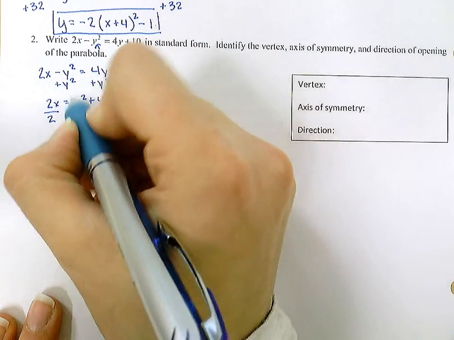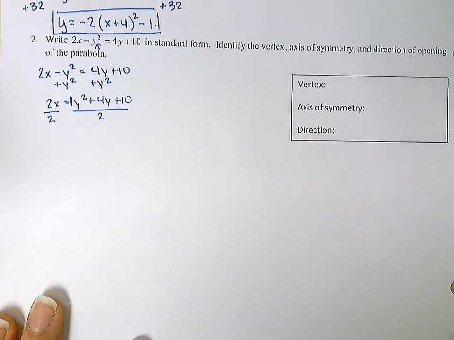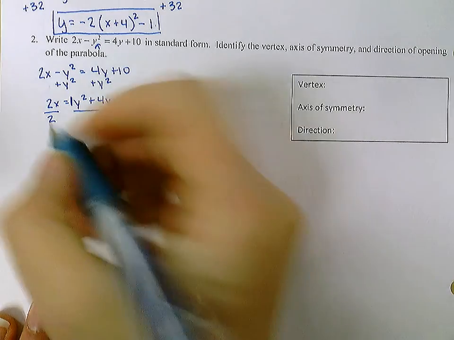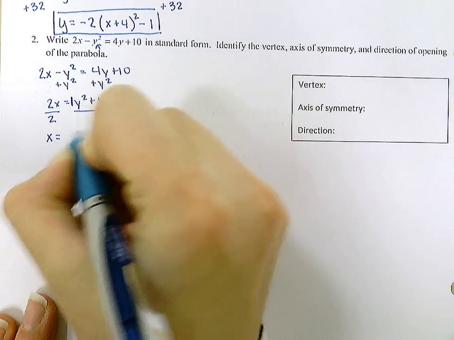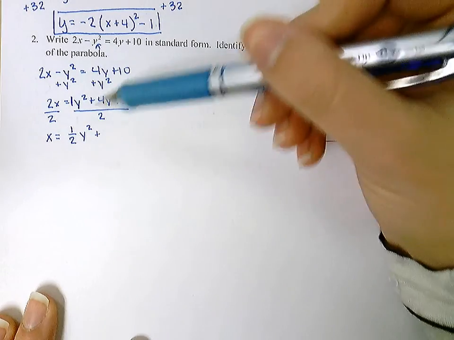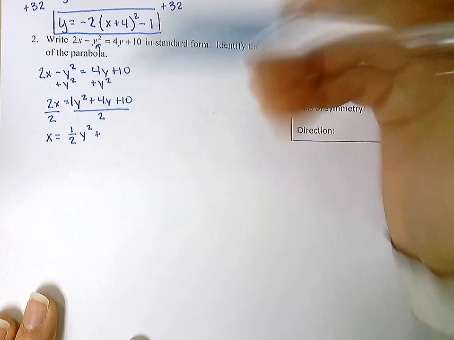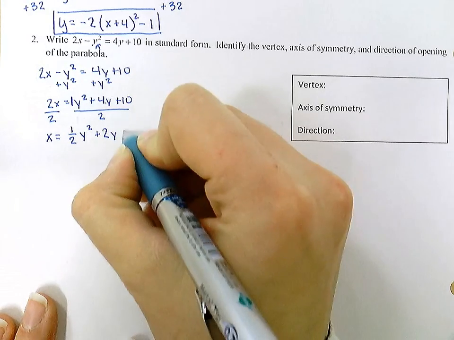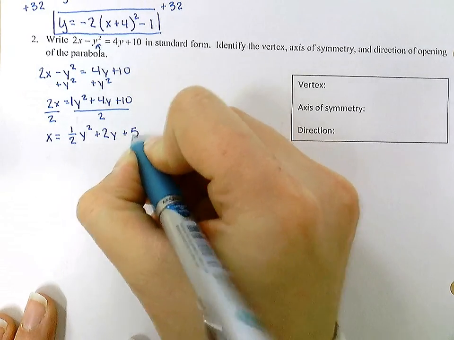Think of y squared having a 1 in front of it. So I'll have x is equal to 1/2 y squared plus 4 divided by 2 is 2, and 10 divided by 2 is 5.